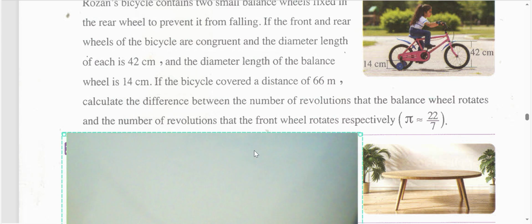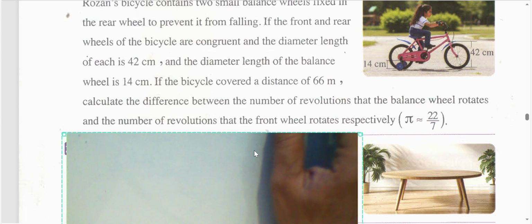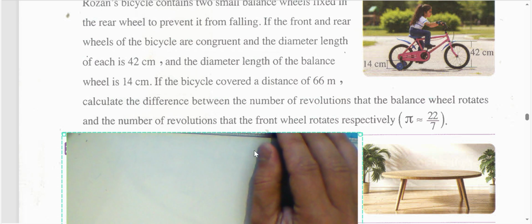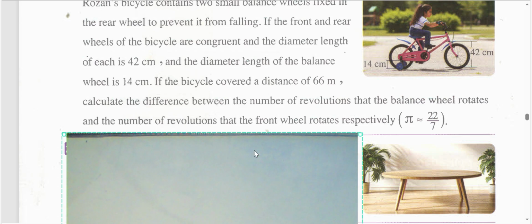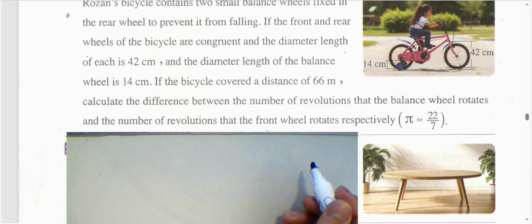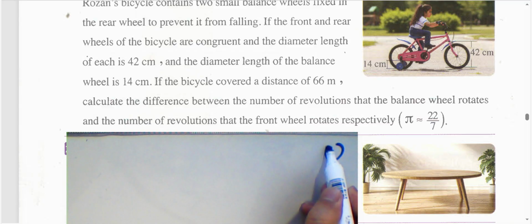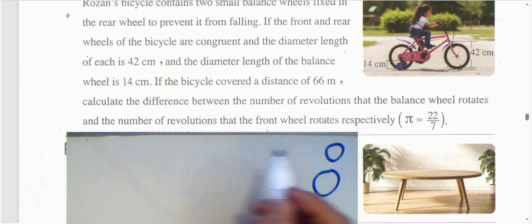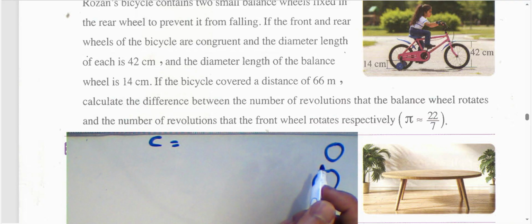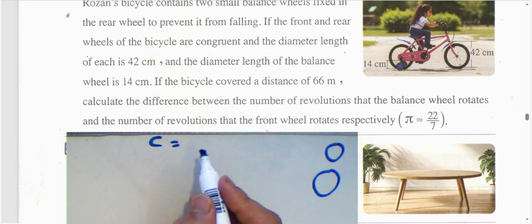Okay, my students, then we have two steps. First step, we can find circumference 1 and circumference 2, and then find distance 1 and distance 2, number of rotation 1, number of rotation 2. Okay, my students, we have two circles, a small circle and a greater circle. It's front and this back. We can find the circumference about the small one by pi product by diameter.